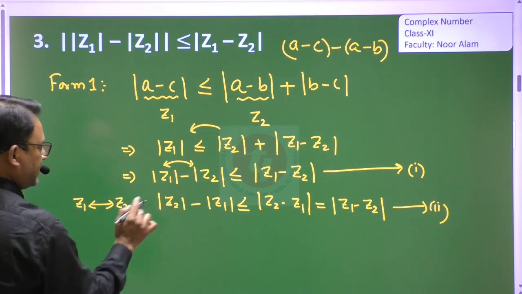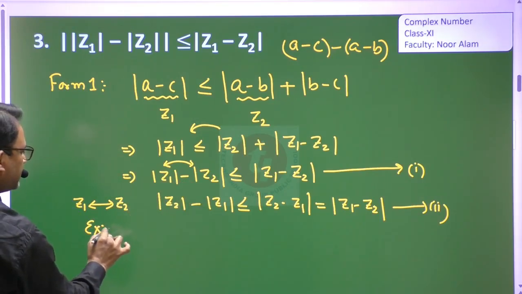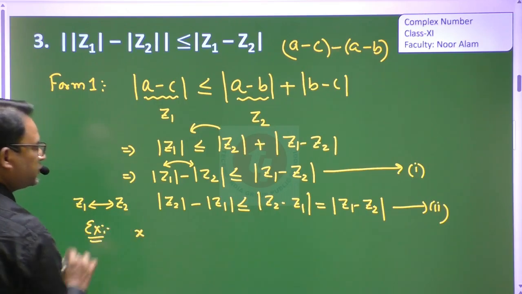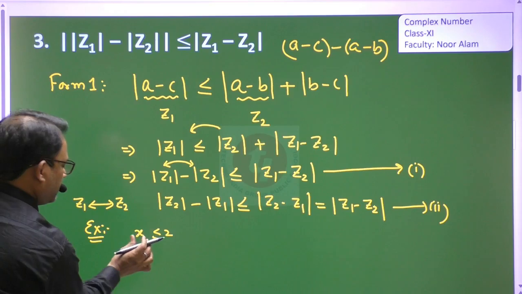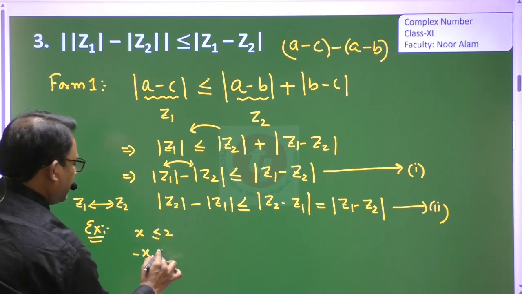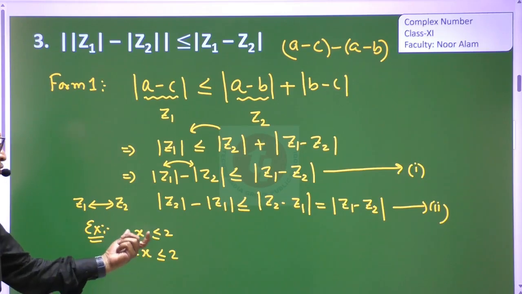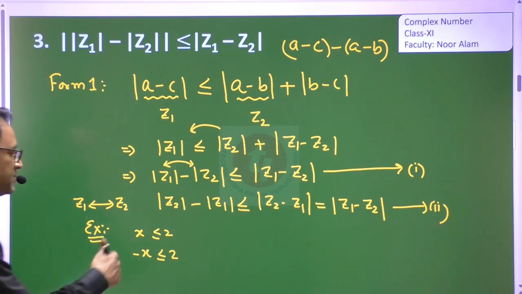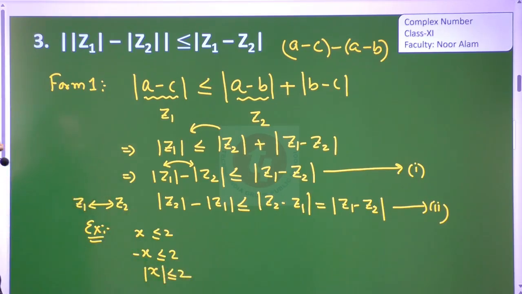Let me give you one example so that you can catch this idea. Suppose one number x is less than or equal to 2, and the same number with a negative sign, minus x, is less than or equal to 2. If we combine these two, we get minus 2 less than or equal to x less than or equal to 2. That means the numerical value of x is always at most 2.